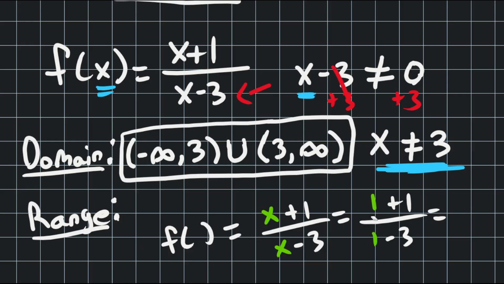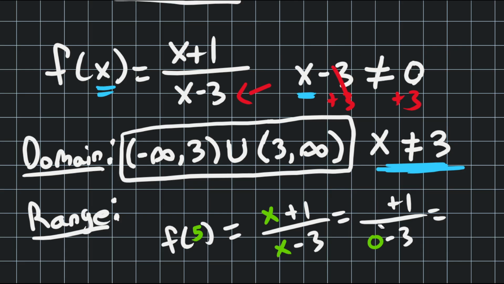Let's try more values. What about f of 0? So f of 0, 0 plus 1 over 0 minus 3. This comes out to 1 over negative 3, so negative a third. Okay, so far we know our range can be negative values. Can it be any positive values? So let's go ahead and try f of 5.